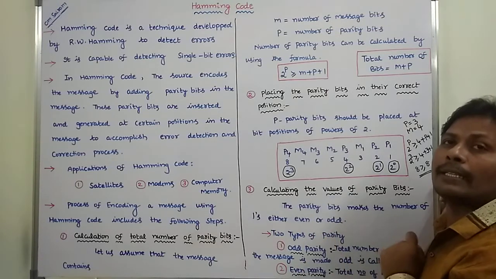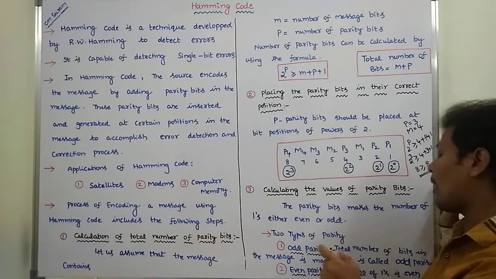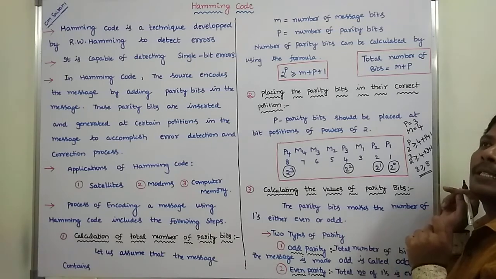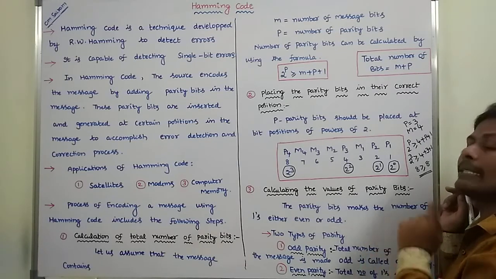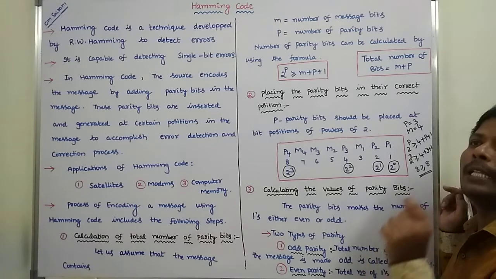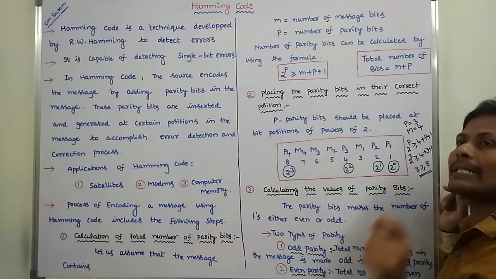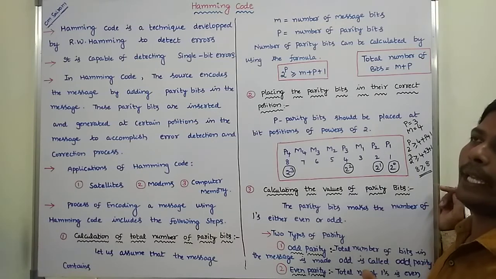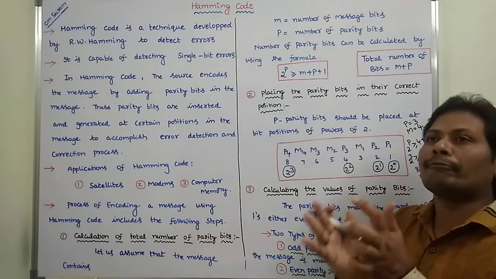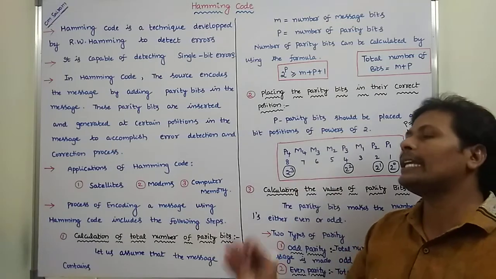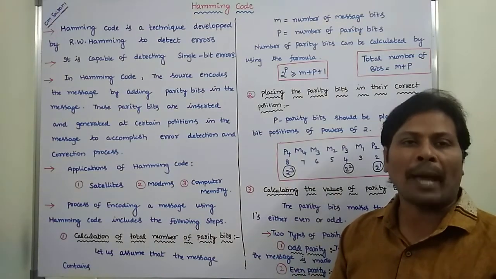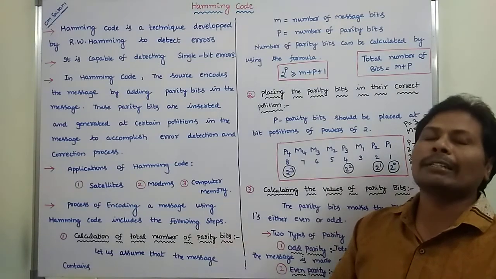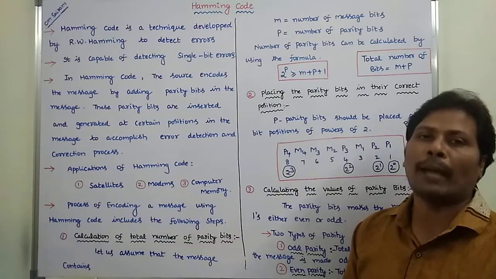If the total number of ones is even, it is called even parity. If the total number of ones is odd, it is called odd parity.